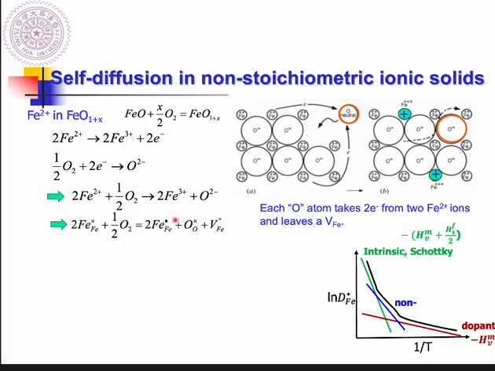So now it has an extra one positive charge. And two negative charge oxygen at the oxygen site, but here it will leave a vacancy at the iron site. So check, to reach electrical neutrality, this is two positive charge and two negative charge.